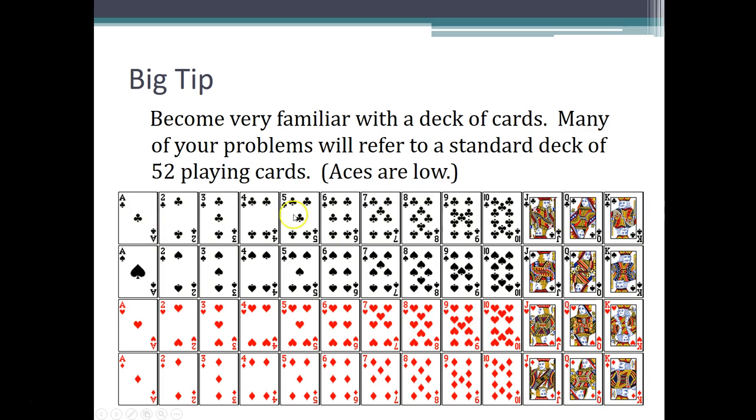We have 1 through 10, ace through 10. Then we have our face cards of jack, queen, king. Often in card games that's 11, 12, 13, but don't worry too much about that. Just those are the face cards, jack, queen, king. 52 cards in the deck, 4 suits, 13 cards in each suit. Because you have ace through 10 plus the 3 face cards, jack, queen, king.